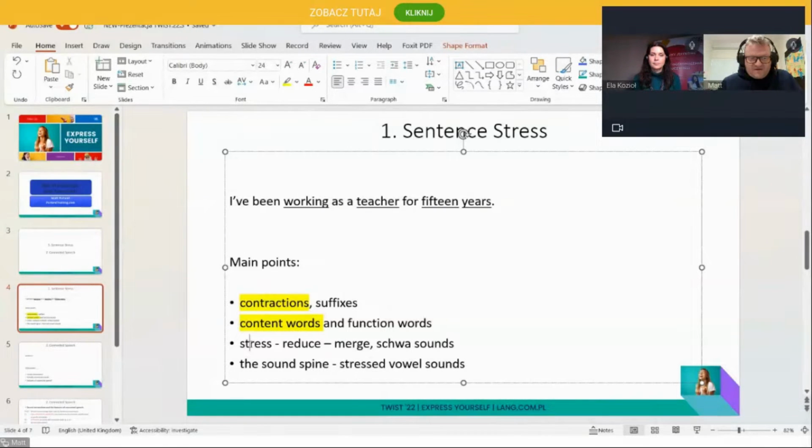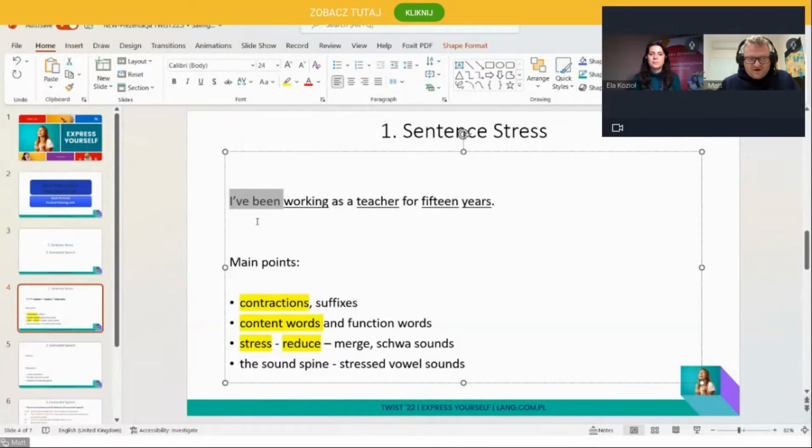The point is that we stress the content words in a sentence. I say we, I'm talking about English native speakers, English, not British, but that's a different lesson. So we stress the stressed syllables in the content words and we reduce the weak syllables, these function words.